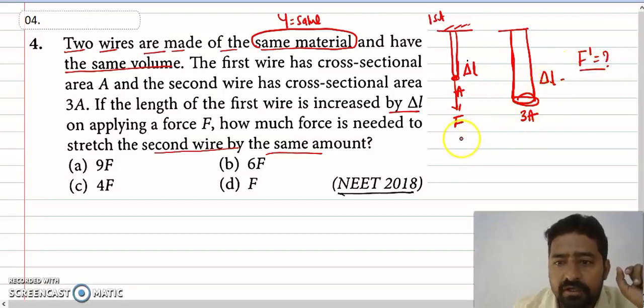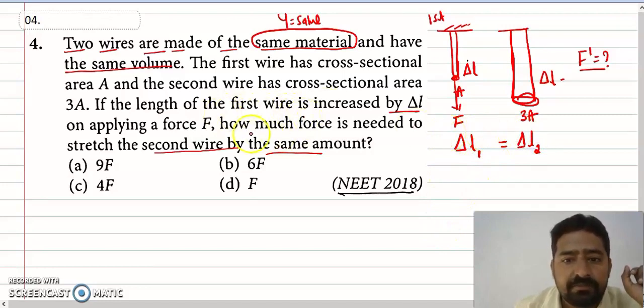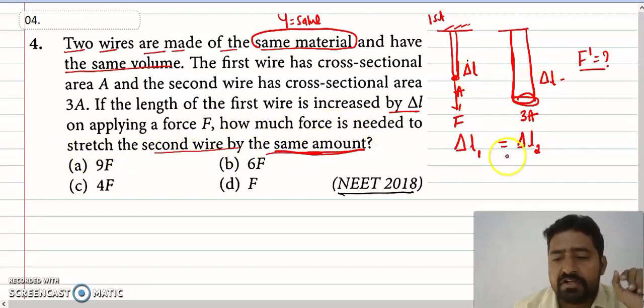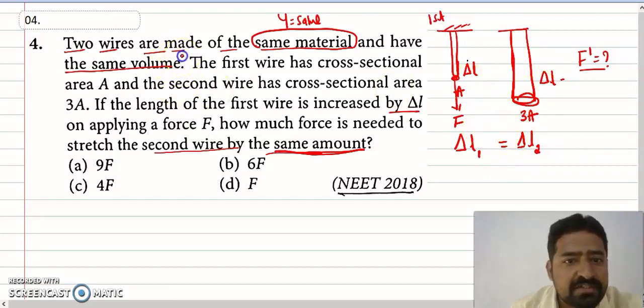ಸೊ ಹಾಗಾದ್ರೆ both elongations are same, first wire ನ elongation is equal to second wire ನ elongation, ಎರಡು ಸೇಮ್ ಇರುತ್ತೆ ಅಂತ ಅವನೇ ಹೇಳಿದಾನೆ ನೋಡಿ ಇಲ್ಲಿ. So this is the problem. ಇನ್ನೊಂದು ಕೊಟ್ಟಿದ್ದಾನೆ ವಾಲ್ಯೂಮ್ ಸೇಮ್ ಇದೆ, ವಾಲ್ಯೂಮ್ ಅಂದ್ರೆ ಏರಿಯಾ ಇಂಟು ಲೆಂತ್.